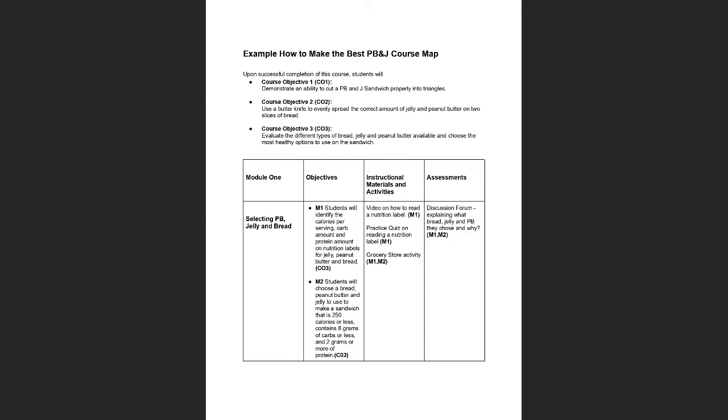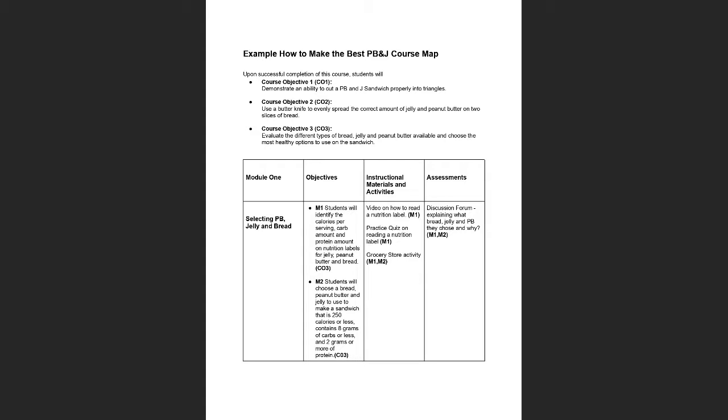But you notice that what we're doing is we're really thinking about, okay, well, I want them to make a healthy sandwich. And in order to do that, what do they need to do? So I'm chunking up the skills that they need to do into little bite-sized pieces.